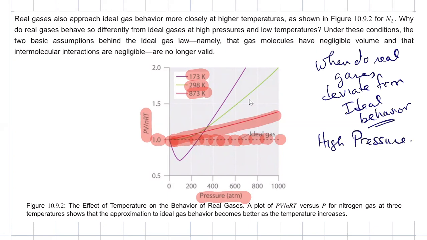They deviate. But for temperature, it would be under low temperatures. You could reverse the question and say, when do real gases behave most ideally? Well, that would be under low pressures and high temperatures. Okay, so that's a very important takeaway from this discussion.